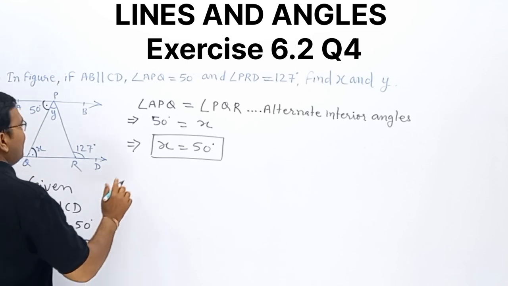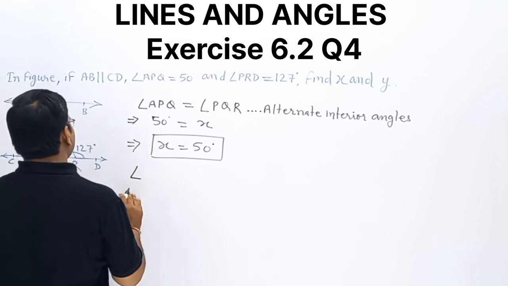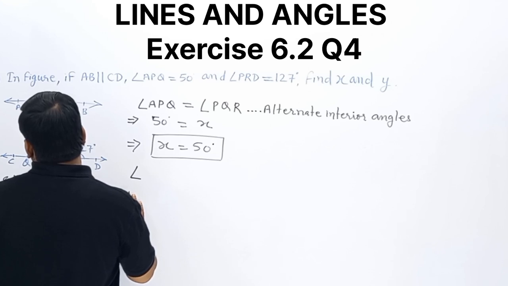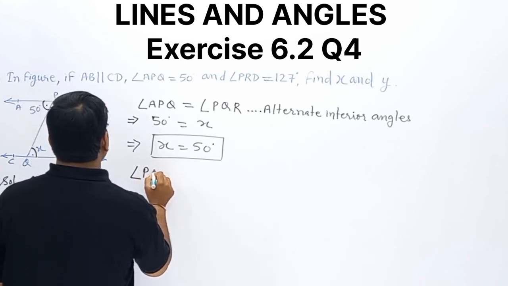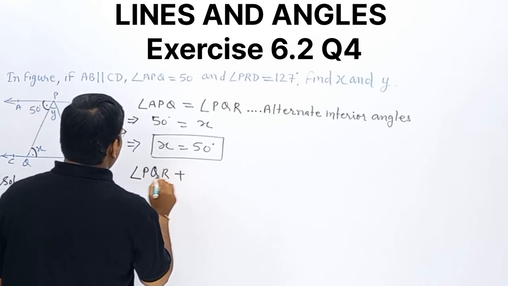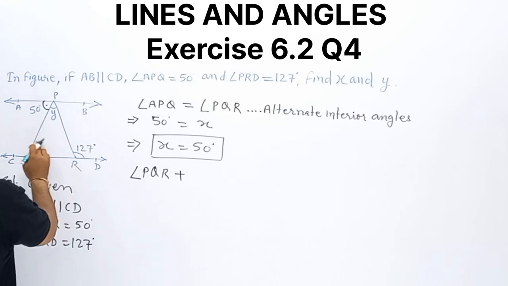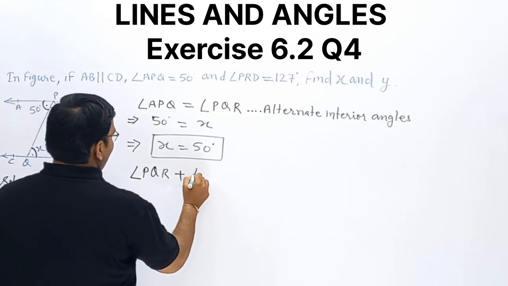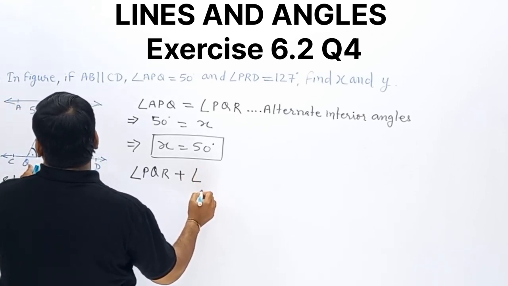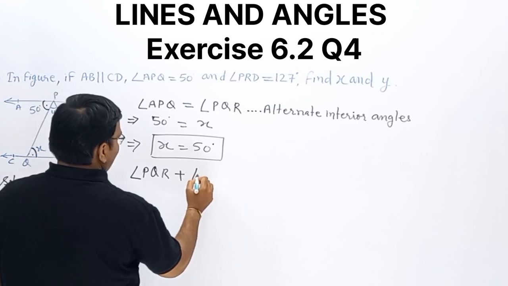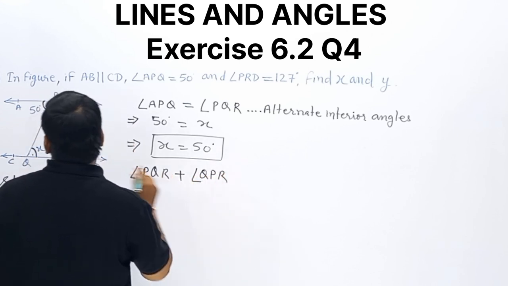So what we can say, angle PQR of that triangle, PQR means this angle, plus angle QPR, it means this angle.